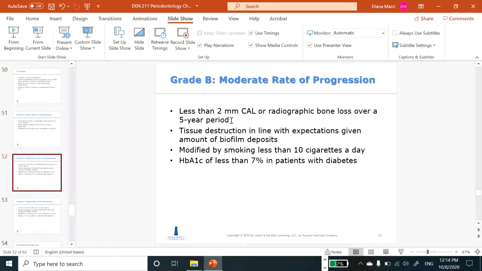Grade B in general means that there is less than 2 millimeters clinical attachment loss or radiographic bone loss over a 5-year period. And the tissue destruction, the phenotype, is in line with the expectations given the amount of biofilm that's present.